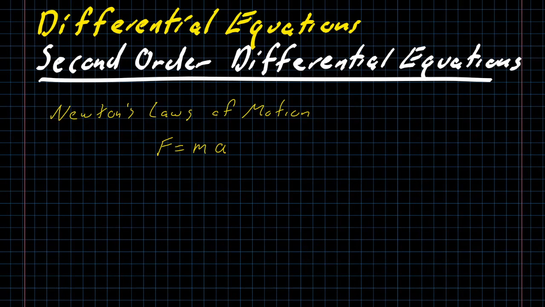Or another way of saying that, if you want to know how the object is going to accelerate, then you take the forces acting on the object and divide them by the mass of the object.